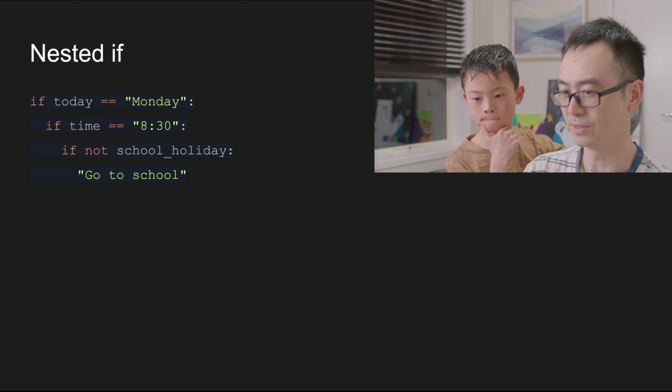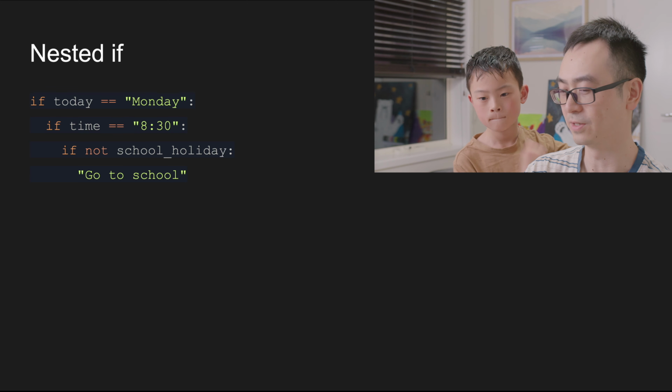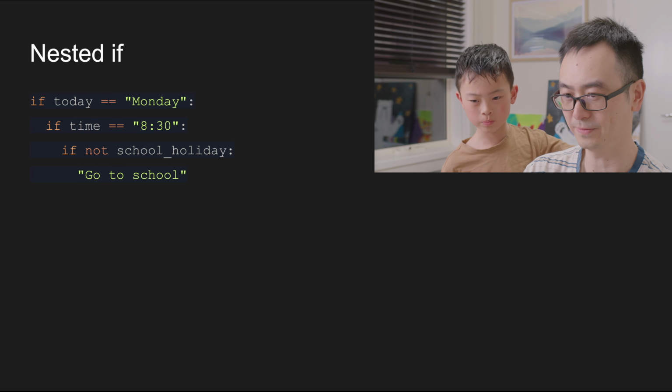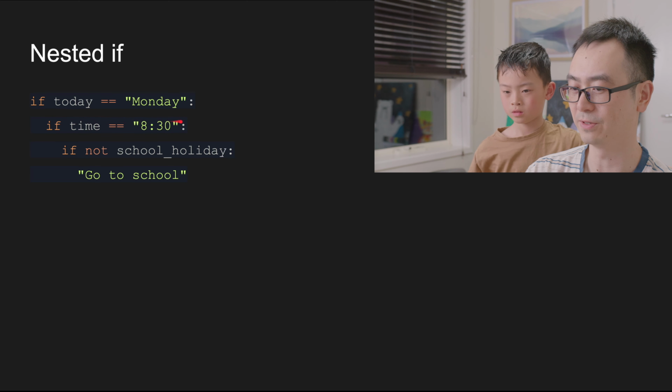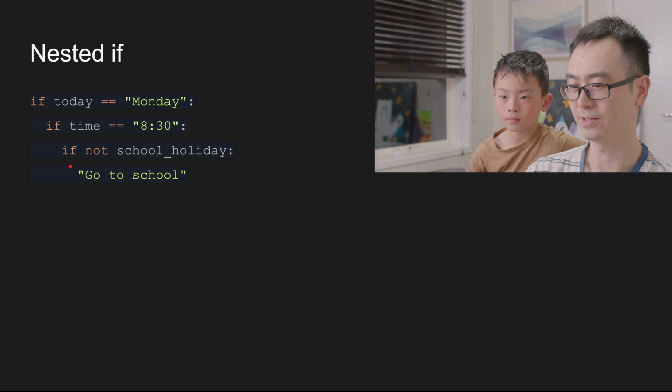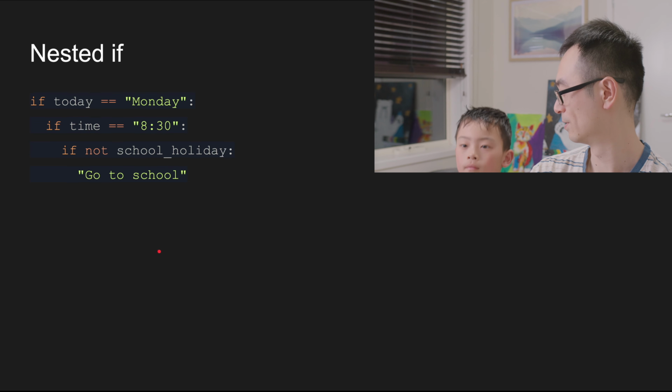Like in the last episode, we said the variable is repeated. What is repeated here? The if is repeated, because you have a lot of ifs, right? So it's nested. It goes one level down, one level down, one level down. If you have 10 of those, it's going to go so deep, right?